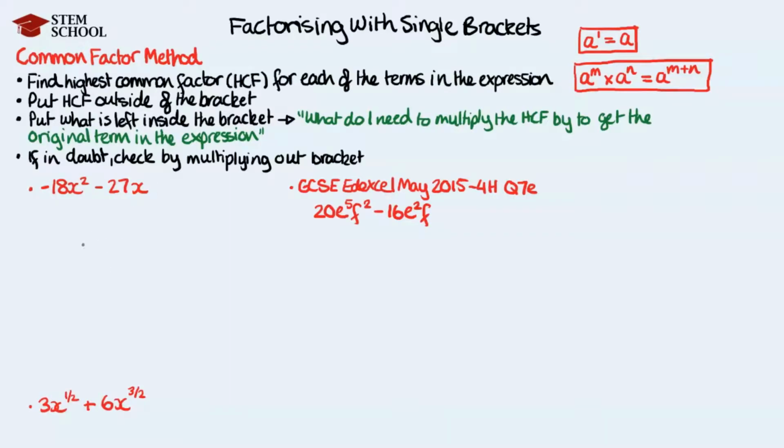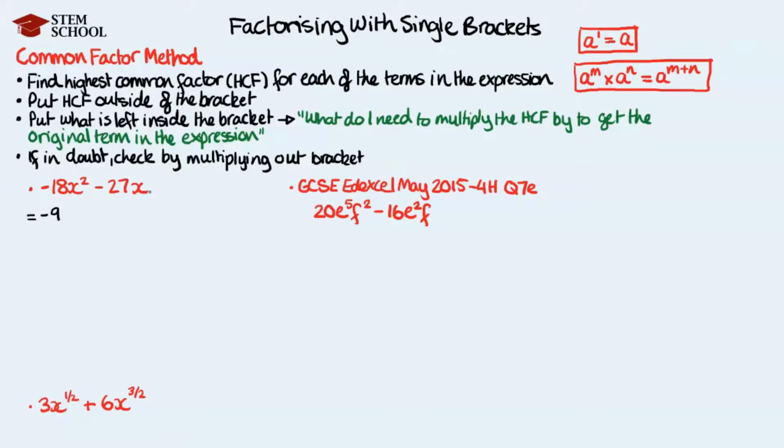Alright, so this example, I've included it because I just wanted to show you that you need to be a little bit more careful when it comes to dealing with negatives. So let's find the highest common factor of these two terms. We'll compare the numbers first. We've got minus 18 and minus 27. So the highest common factor of this will be minus 9. Okay. Now what's the highest common factor between the letters?